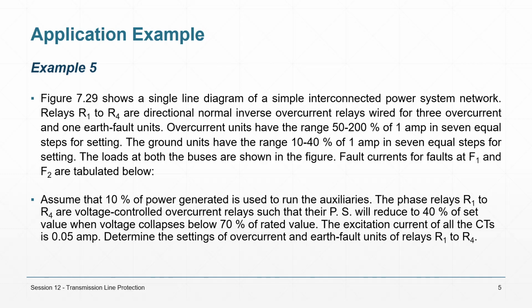Overcurrent unit ranges 50 to 200% of 1 ampere, ground 10 to 40%, and relays R1 to R4 are voltage controlled overcurrent relays such that their PS will reduce to 40% automatically if the voltage is less than 70%. You see, that is the requirement here. Fault currents for faults at F1 and F2 are given.